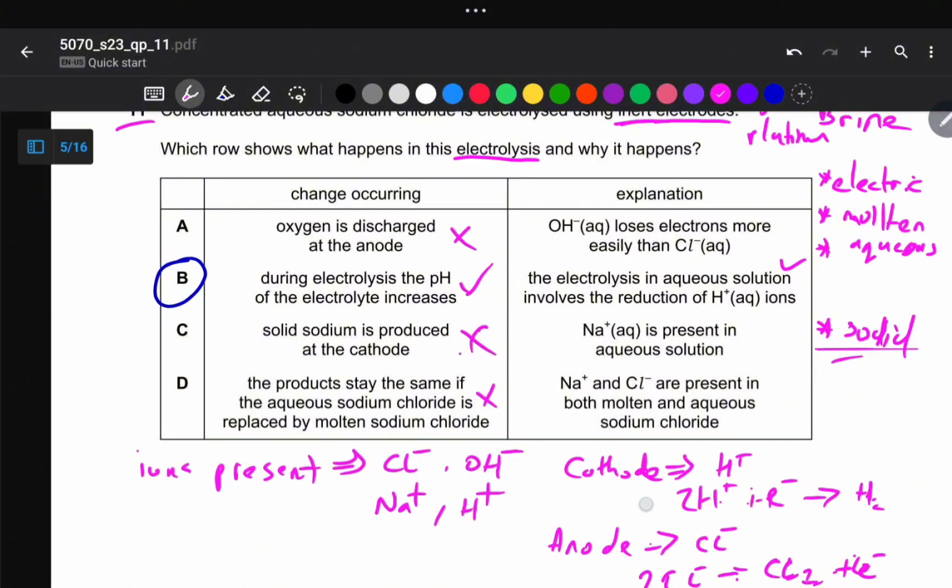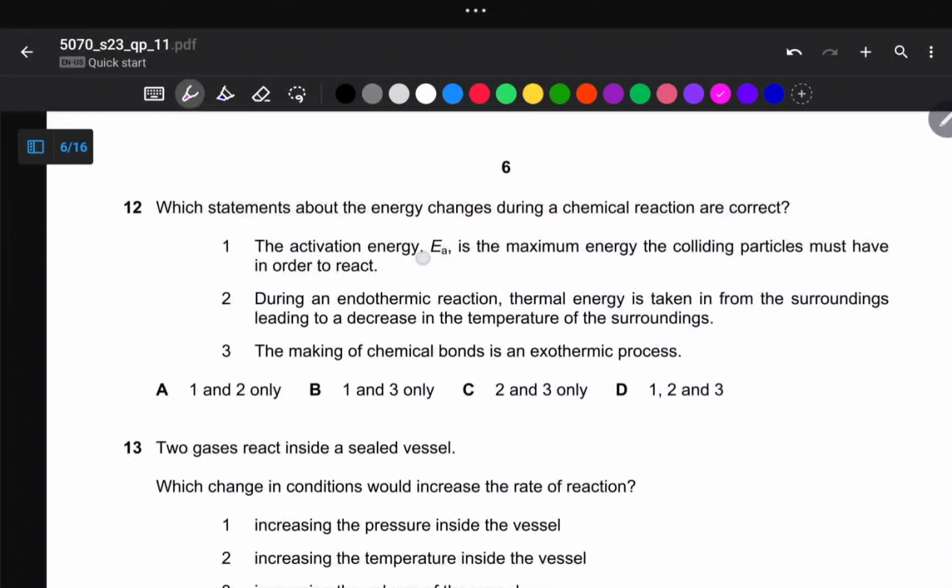We are now moving on to question number 2, which asks which statements about the energy changes during a chemical reaction are correct. Activation energy is the maximum energy that the colliding particles must have in order to react. This is false. Activation energy is the minimum, not maximum. So wherever there is 1, we cancel that option, and we are left with C as our correct answer.